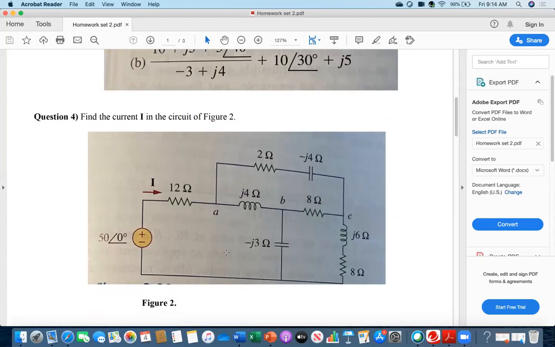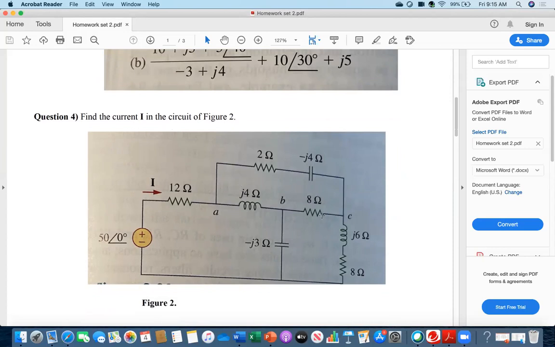This one is a little bit big problem, long calculation. Find the current I in the circuit of figure 2. So here you have to find out the total current. This is your AC voltage, 50 at an angle of 0. The good thing here is that you don't need to convert into the phasor domain.